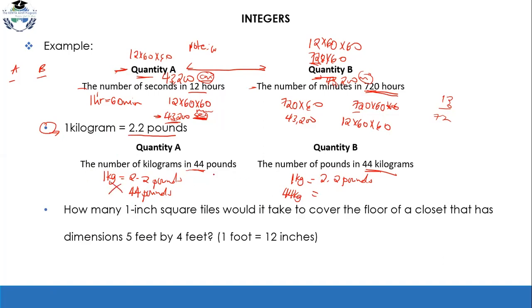That gives you 44 divided by 2.2. Again, 1 kilogram equals 2.2 pounds, and what about 44 kilograms? This is 44 times 2.2. Even without doing that, you already know it's going to be greater because you're multiplying here and dividing there. So quantity B is bigger.